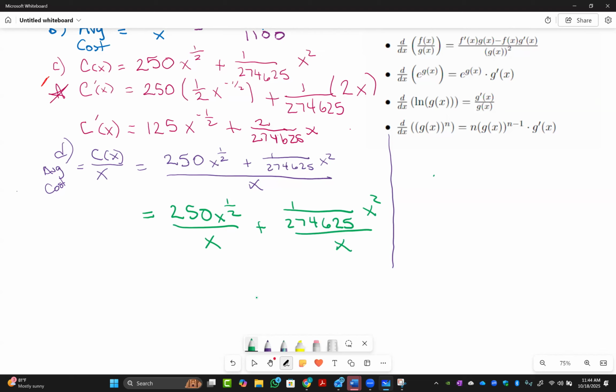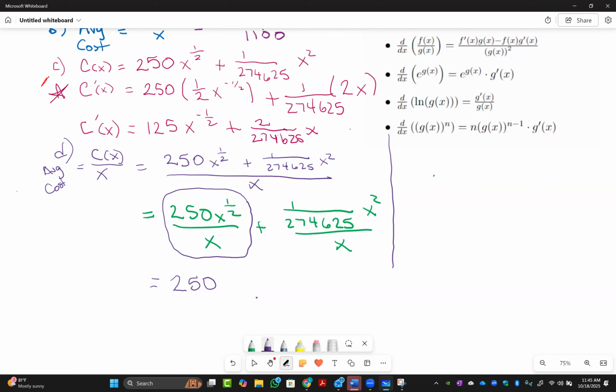Awesome. Now, I want to simplify this. How can I simplify this? You cancel the x's. 250 stays, correct? And then it's just 1/2 multiplied by 1/2.